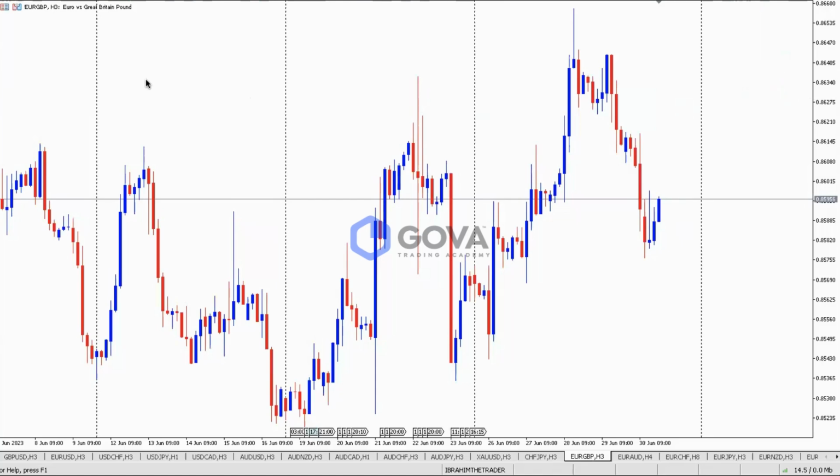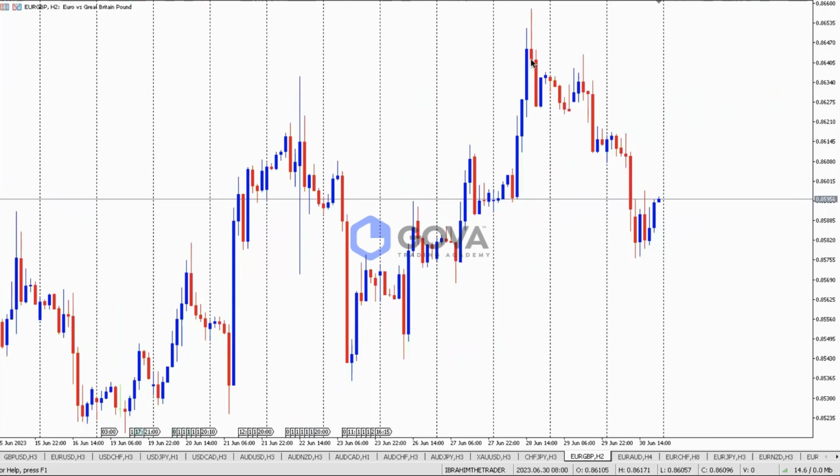So I believe by now you guys understand what period separator is. So this is the daily period separator. It means that on the H2 time frame, from this period separator here to this other period separator is 24 hours. Okay, it's 24 hours.